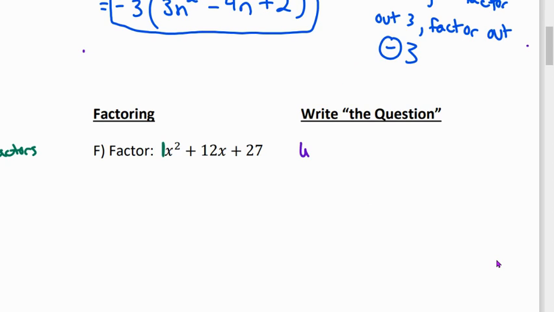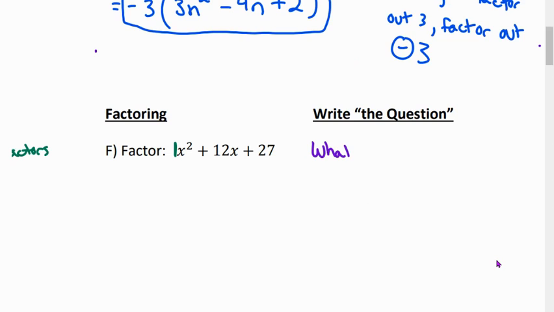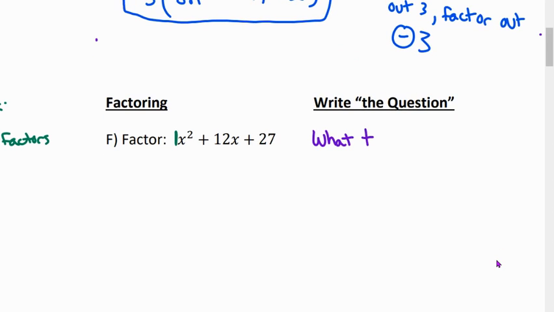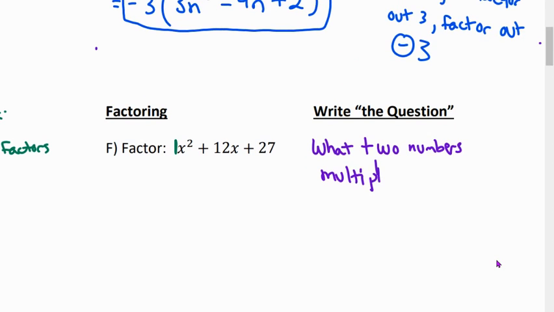So the question is, what two numbers multiply to equal the constant c, 27?